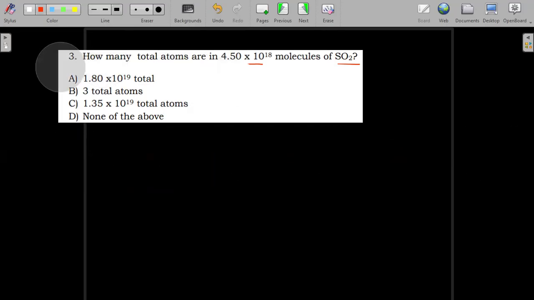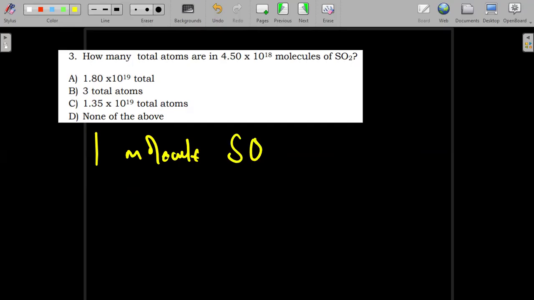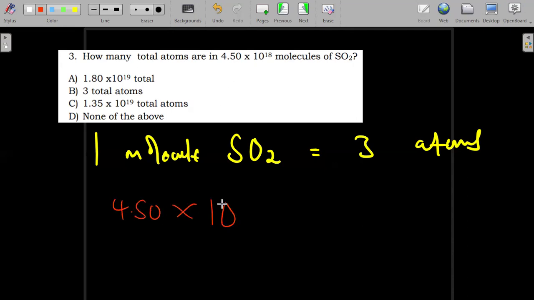We are going to say in one molecule of sulfur dioxide, there are 3 atoms. From there we can substitute with what we have. Here I have 4.50 times 10 to the power 18 molecules of sulfur dioxide. How many atoms am I going to have?